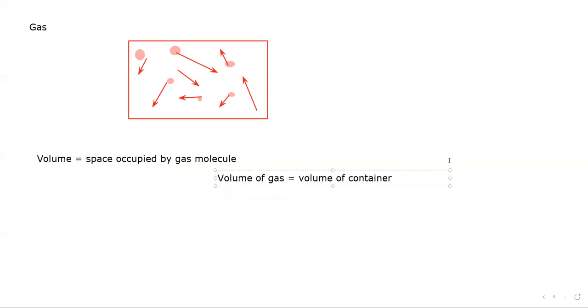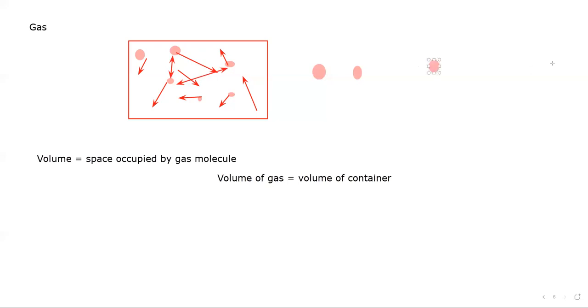And these gas molecules are moving randomly. So if we say the volume of the gas increases, what is the meaning of that? It means the spacing between the molecules will increase. And if we say the gas is compressed, it means the space between the molecules will decrease, or the molecules come closer to each other. But the size of the molecule does not change.